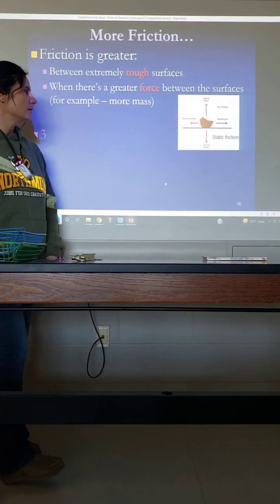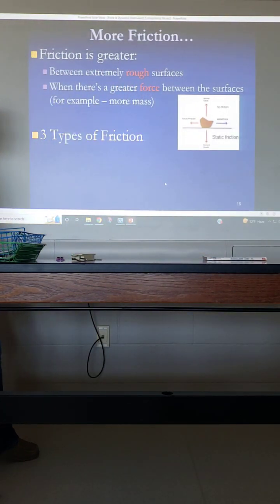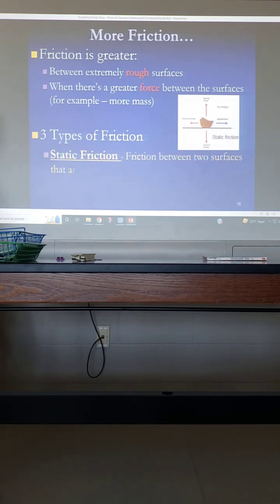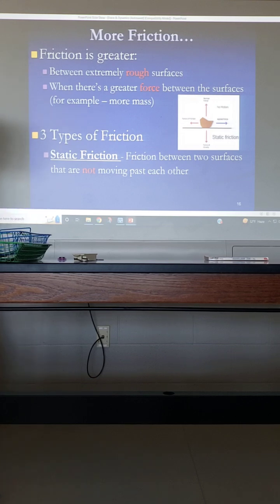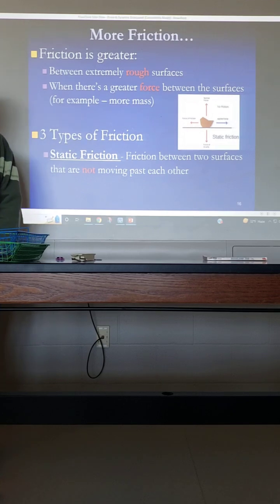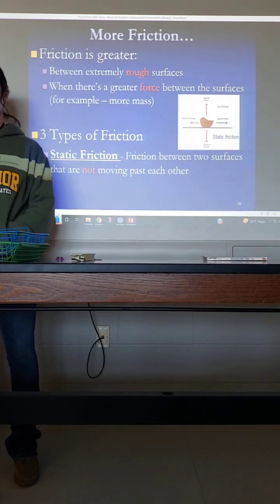Okay. And so we have three types of friction. Three categories, I guess. The first is static friction, and this is friction between two surfaces that are not moving past each other. Okay, so they are kind of stuck. So I'm applying a force. I'm pushing my table. I can't get it to move. Okay? Static in physics means not changing.